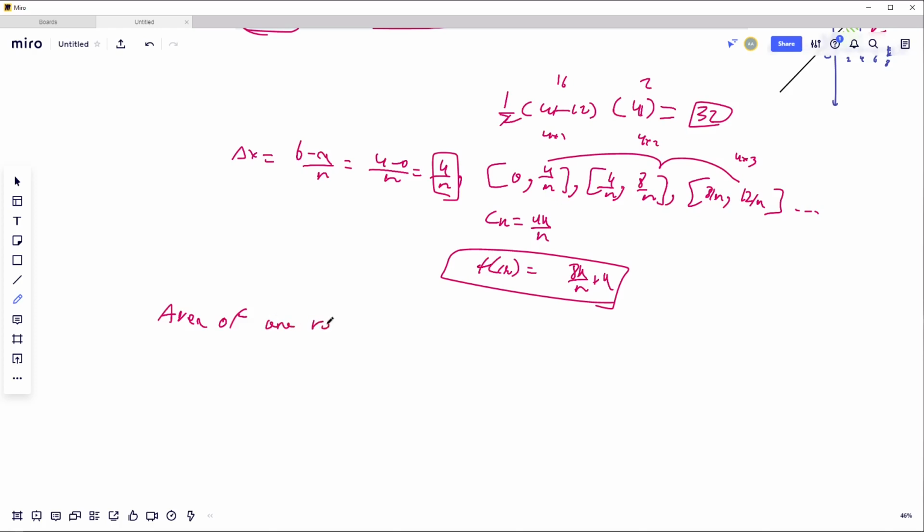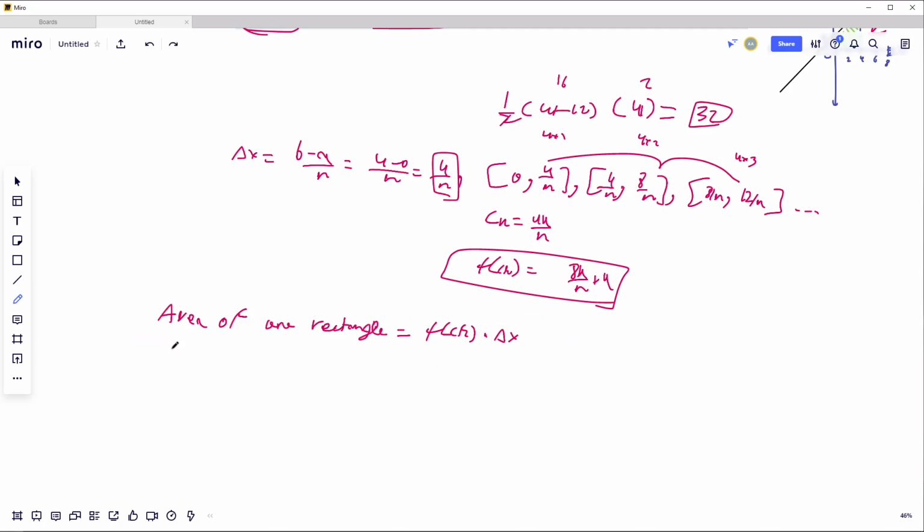Area of one rectangle is f of ck, just that, times delta x. And that's why when you do n rectangles, you actually do summation.